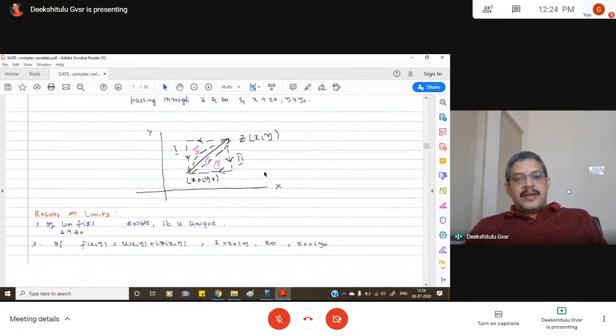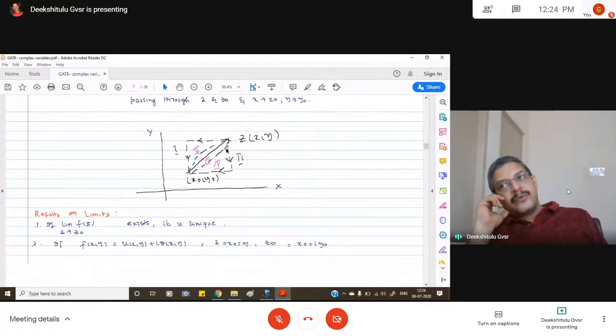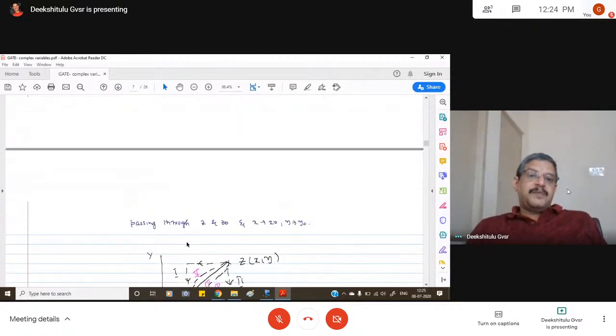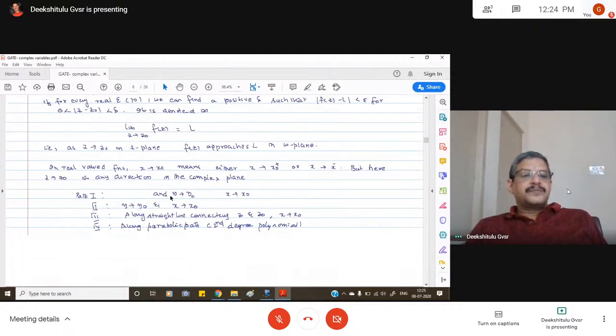Most important thing is that along any of the paths you have to find the limit. The limit must be unique. Then only we say that the limit exists.